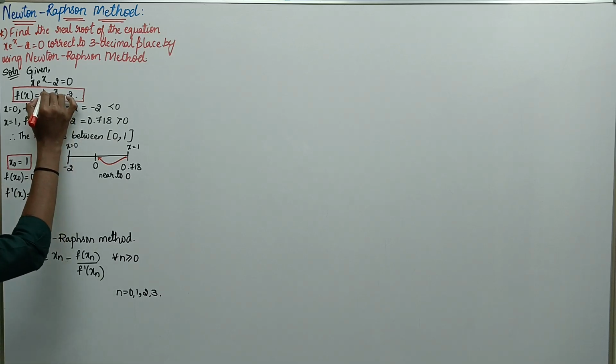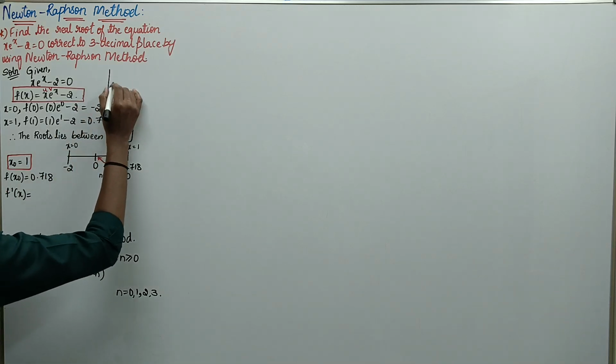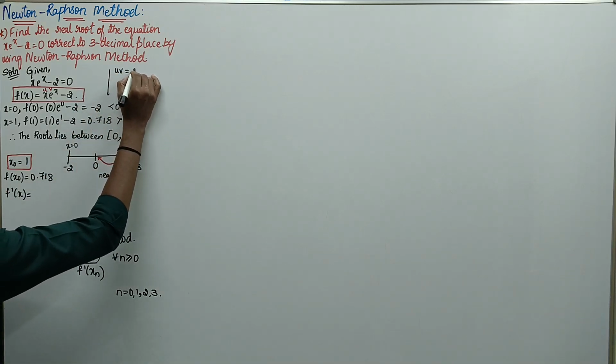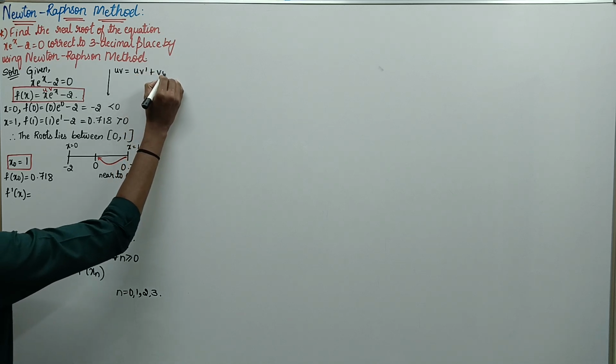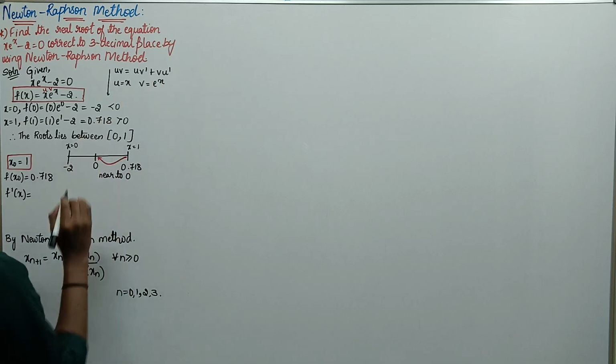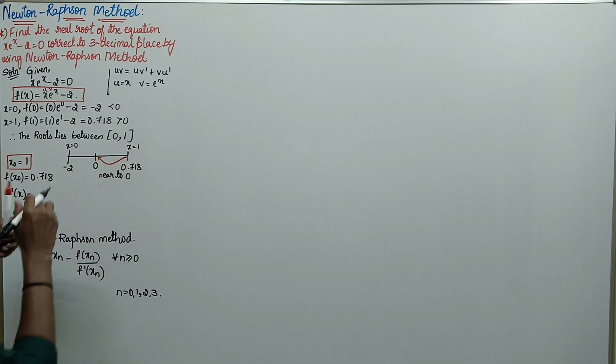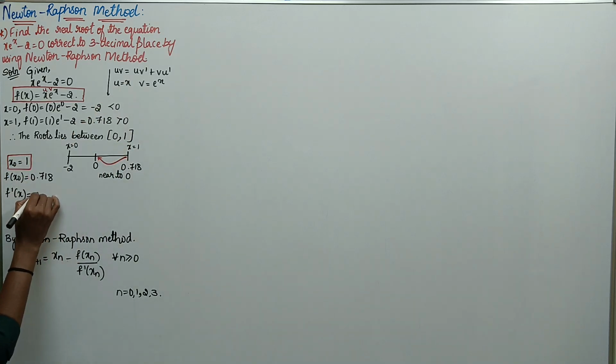I am going to apply the UV rule. What is UV? UV gives u v dash plus v u dash, where u equal to x and v equal to e power of x. Got the point? Now f dash is very easy. U is x.